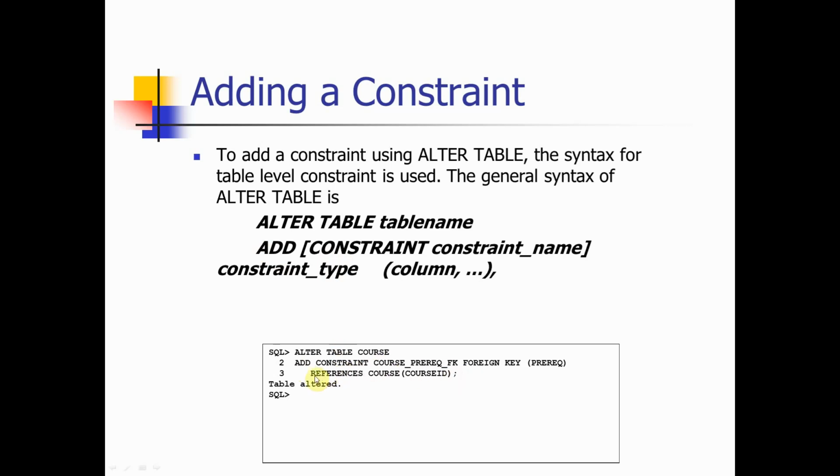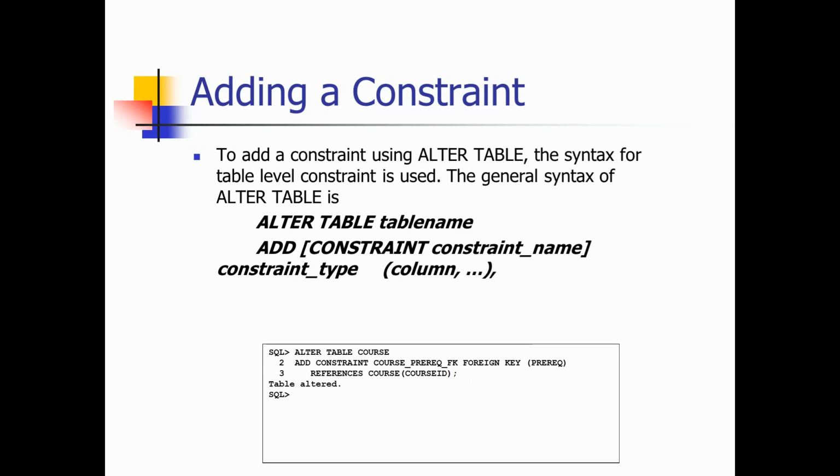So you can see that the example code here is add constraint with the name of the constraint, foreign key indicating which attribute of the table you want to change, references another table's primary key. This semicolon is the key thing. Oracle will keep letting you type commands until it sees a semicolon. This is like your Control F5 execute.